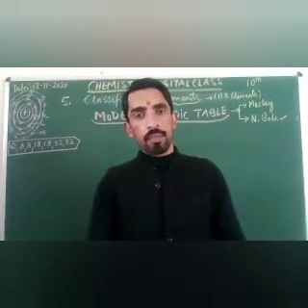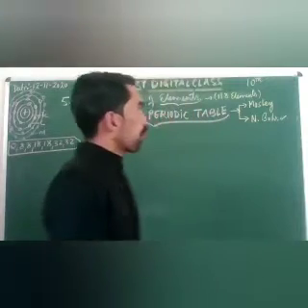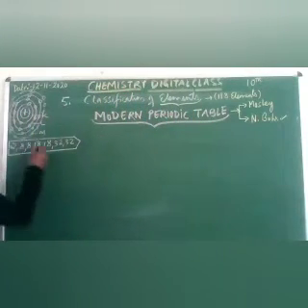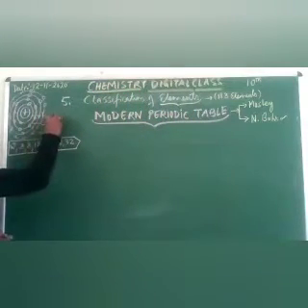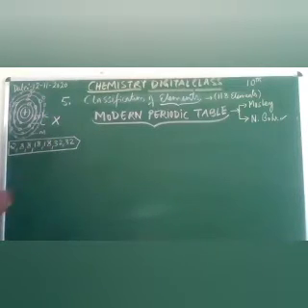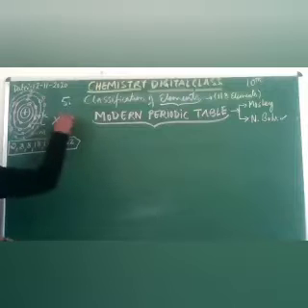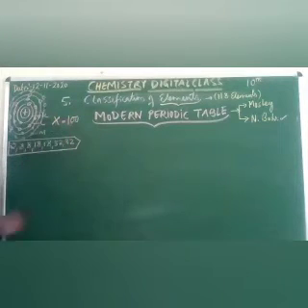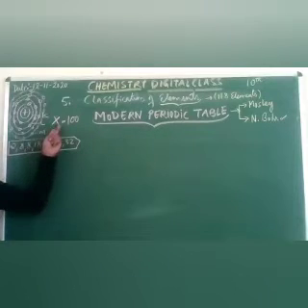Got my point? Yes, sir. For example, let X be any element. If the atomic number of X is 100, it gives us a clear idea of how many electrons will be there in X.